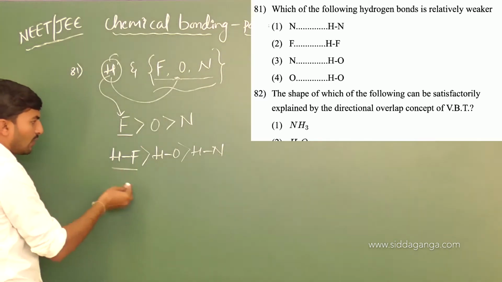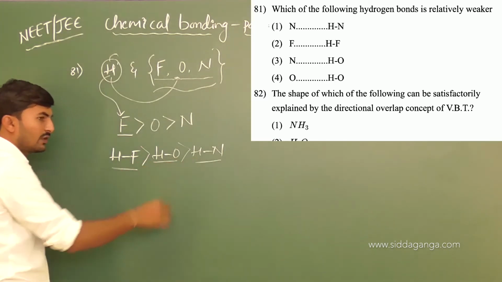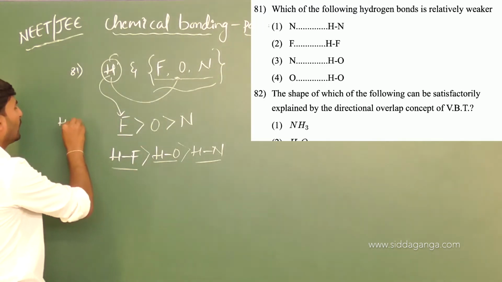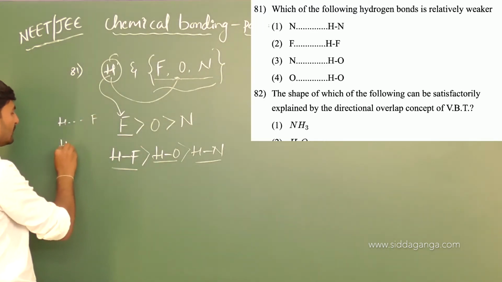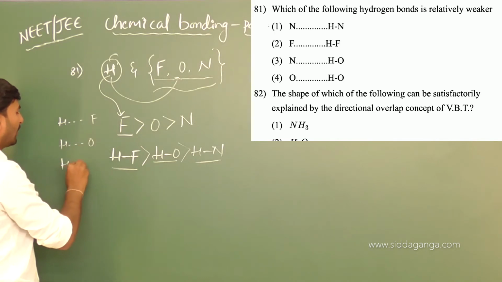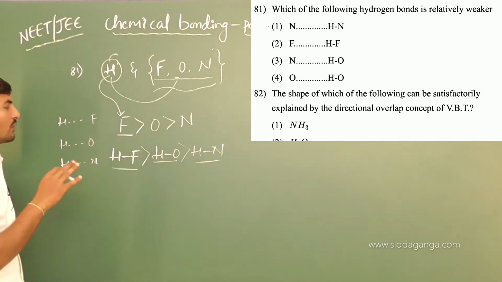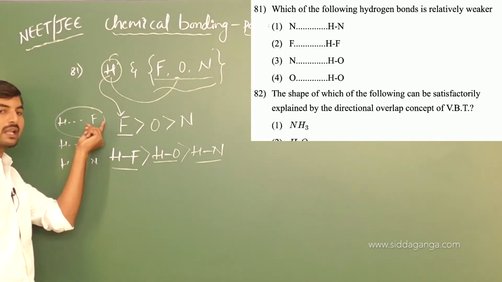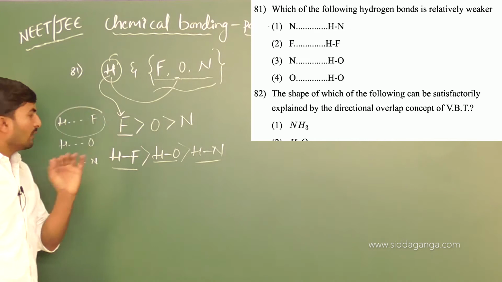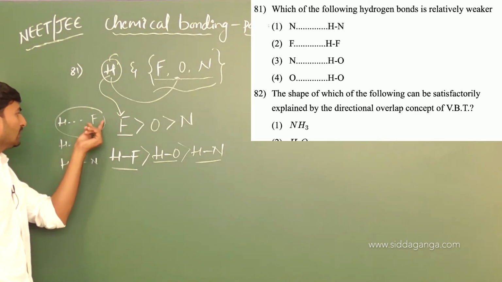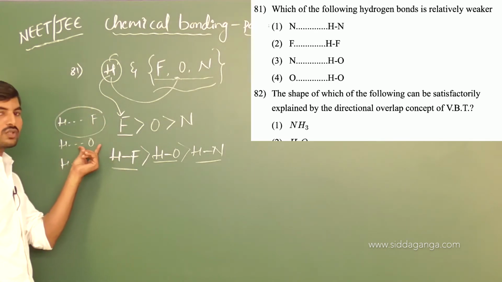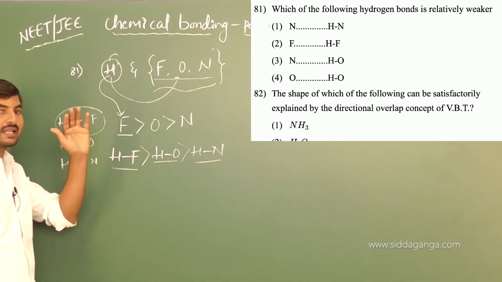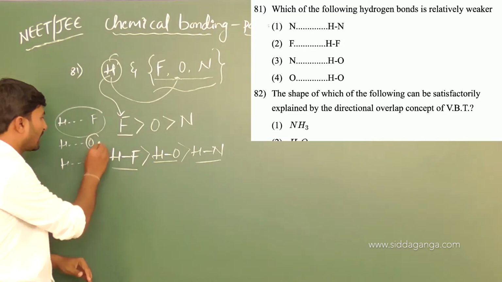This is also a hydrogen bond, this is also a hydrogen bond. The strength of the hydrogen bond is maximum in the case of hydrogen fluoride because of the more electronegative fluorine atom, followed by the HO hydrogen bond, which is weaker than the HF hydrogen bond because of the decrease in electronegativity of oxygen compared to fluorine.